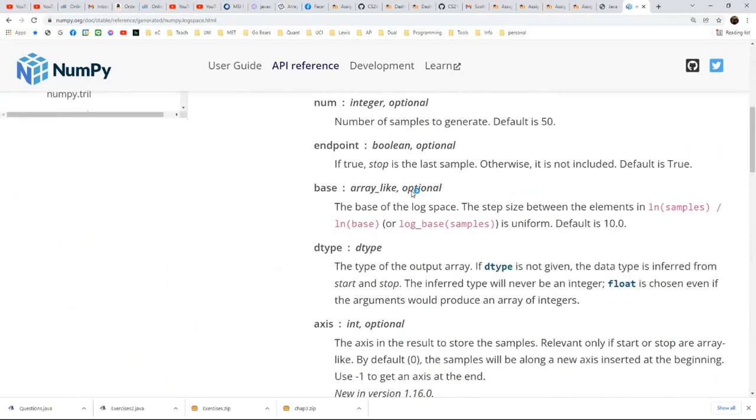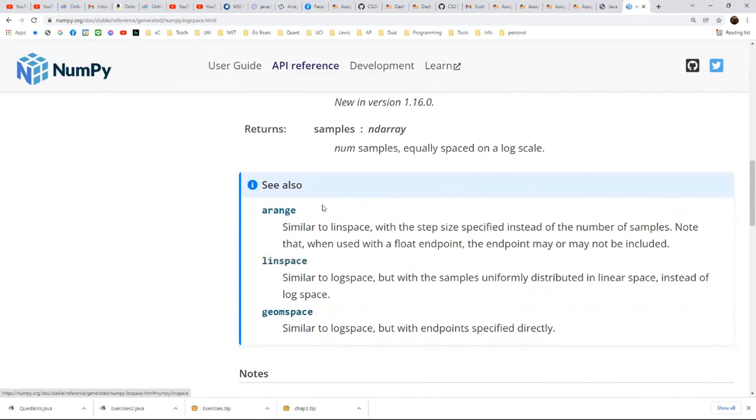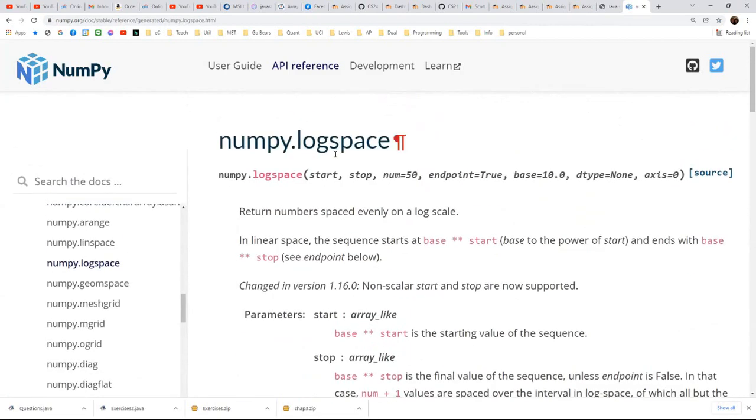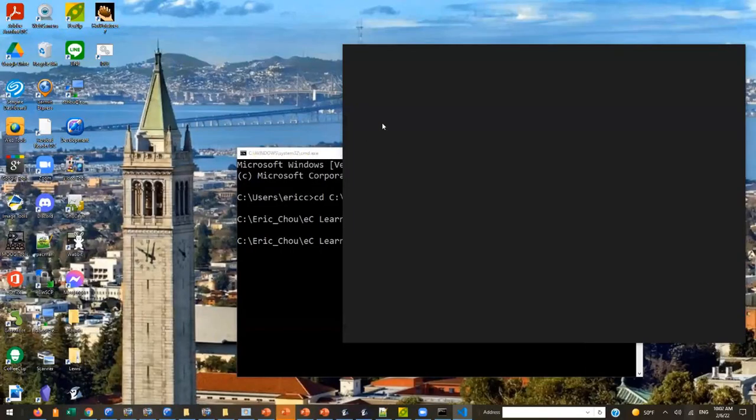Here we have start and stop. There's a linear space, and there is something called log space. We taught you the so-called linear space sometime before. One moment, Visual Studio Code is coming up.